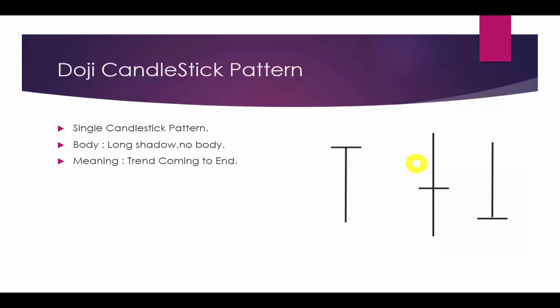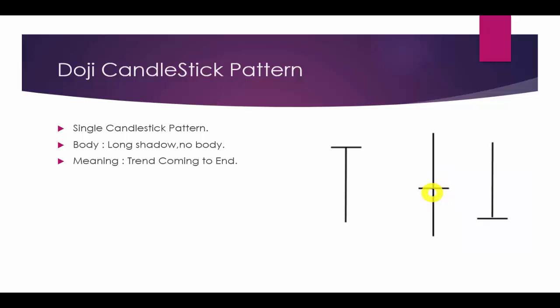For example, suppose we have a downward trend and the market was falling. If we find such a candlestick pattern, it means that bulls have not allowed the sellers to push the market further downward and make another sell candle.